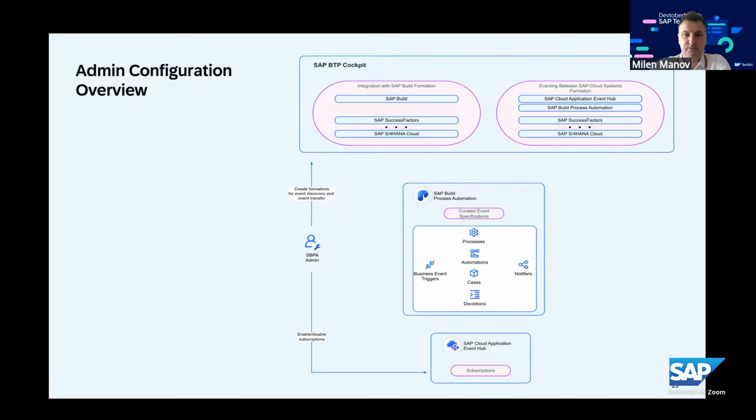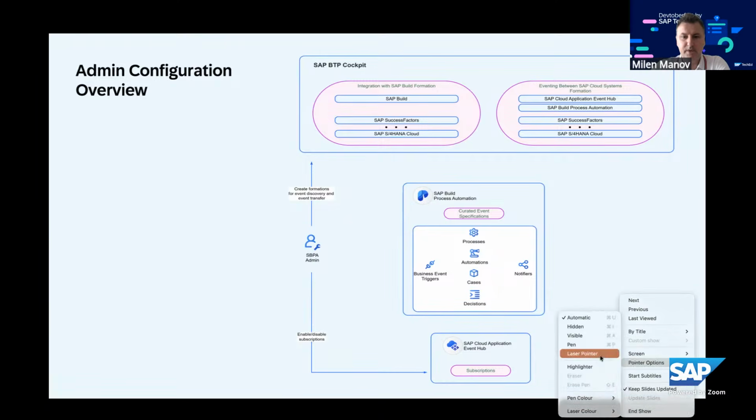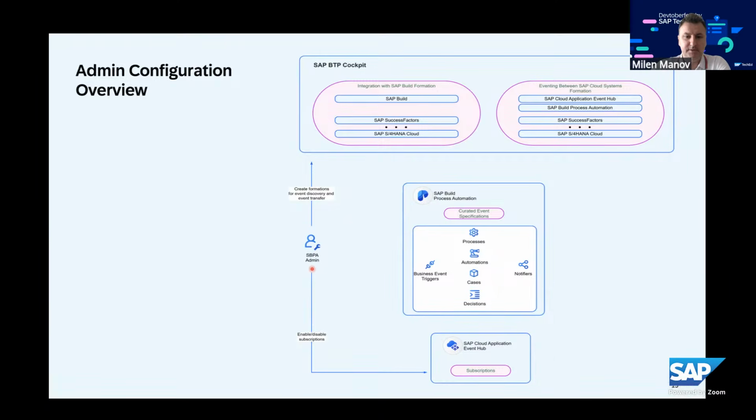So in the first formation, the integration with SAP Build platform, obviously the systems that we include will be SAP Build, and then we add additional systems from which we want to browse events. It could be SuccessFactors, S4 HANA Cloud, Concur, whatever systems you have in your landscapes.